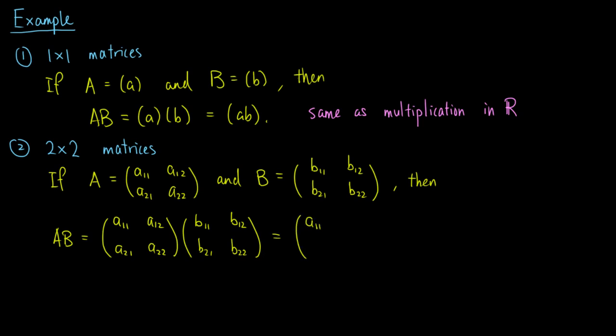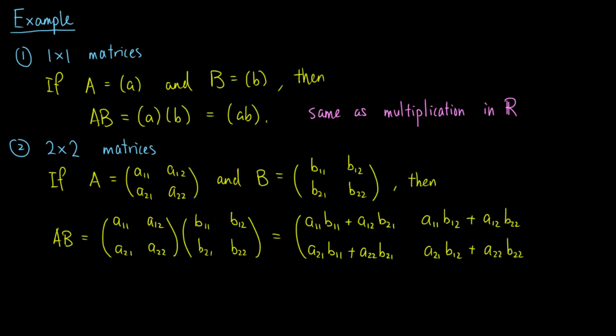For the top left entry, we have A11 times B11 plus A12 times B21. For the top right entry, we have A11 times B12 plus A12 times B22. For the bottom left entry, we have A21 times B11 plus A22 times B21. For the bottom right entry, we have A21 times B12 plus A22 times B22.